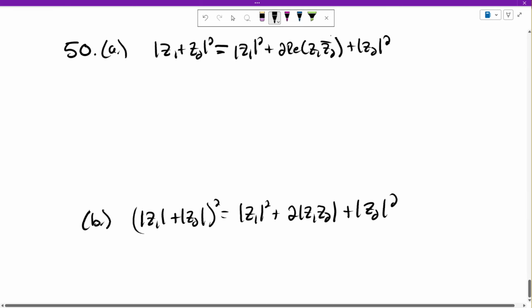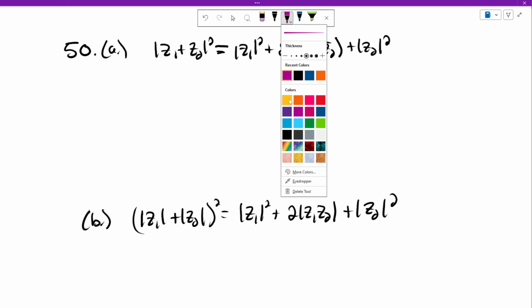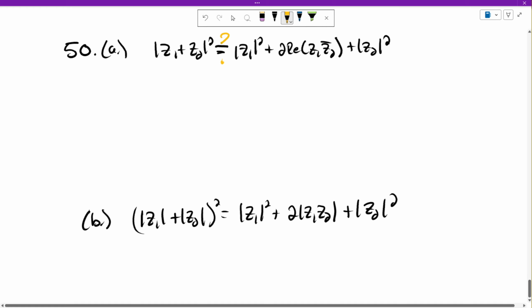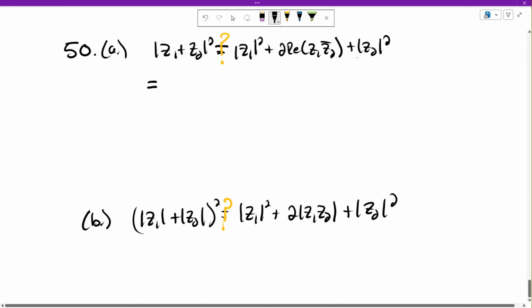So the question is, why are these true? These are things we have to show, so let's put a question mark through them. I'm not sure if they're true just yet. We want to show that the modulus of z1 plus z2 squared is the right-hand side. So let's start by computing the modulus of z1 plus z2 squared, and keep the right-hand side as our target expression.